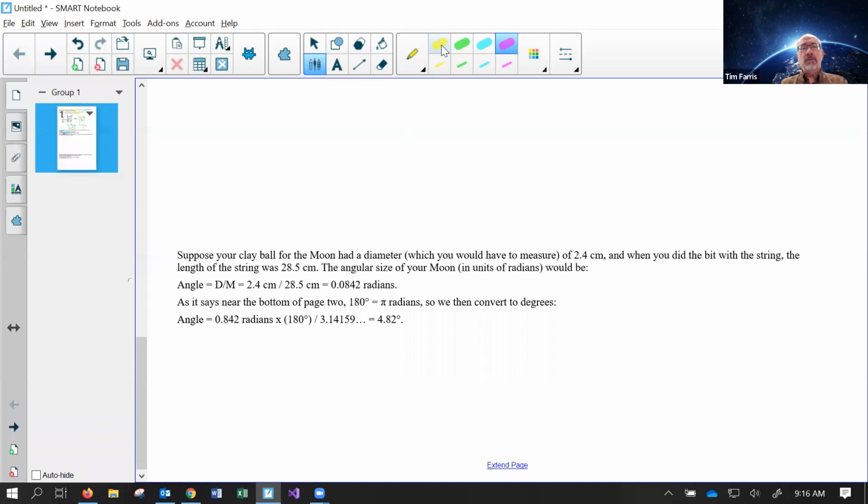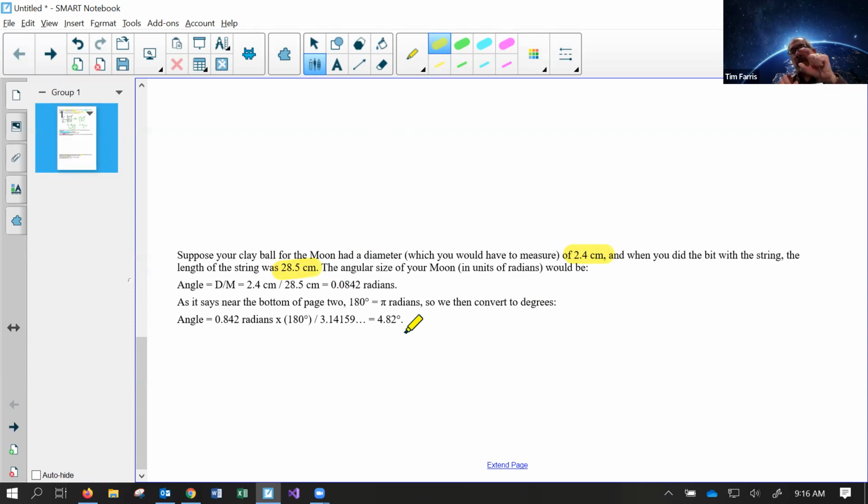But let's suppose that when you did your moon, it had a diameter of 2.4 centimeters. Okay. Now, again, you're going to have to measure that. It's not part of the procedure. Everybody has different size moons. So just take a ruler, just kind of estimate how far it is across the diameter of your moon, right? And then how long was your string? That's how far it is from the Earth to the moon.